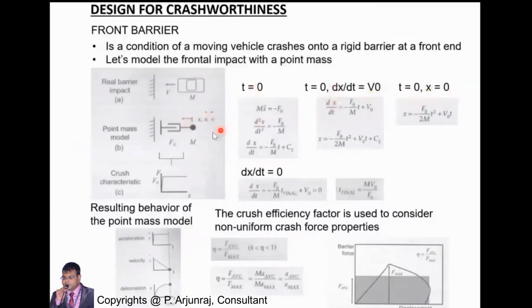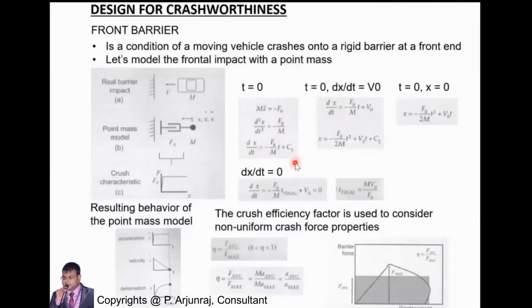Okay. And coming to the model aspects here, when you have some force, what happens? Force is nothing but mass times acceleration, and we need to develop the model for this. And you know acceleration is d square x by dt square, so force equals mass into acceleration, that is, d square x by dt square is equal to force by mass.